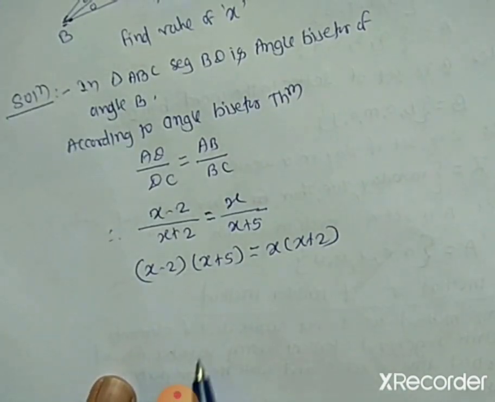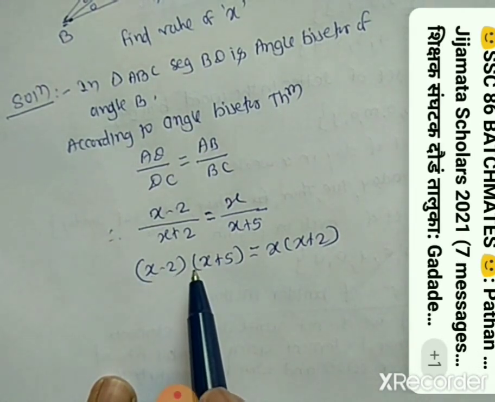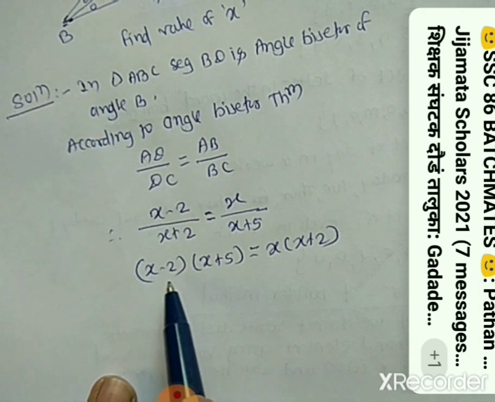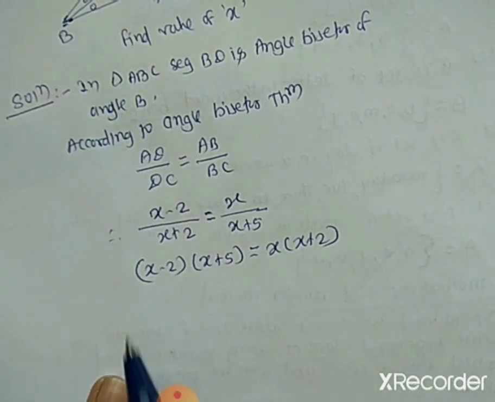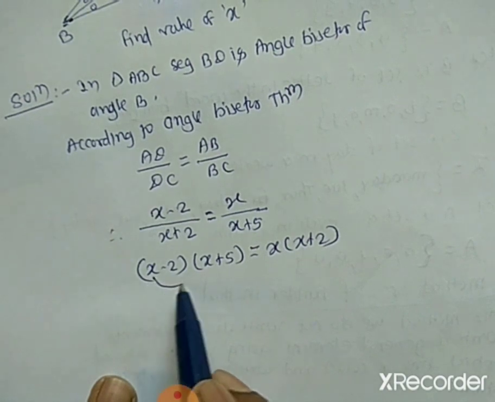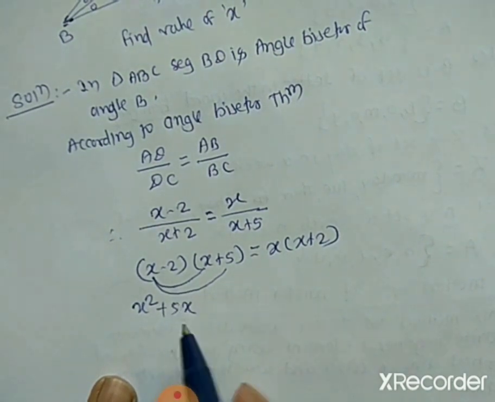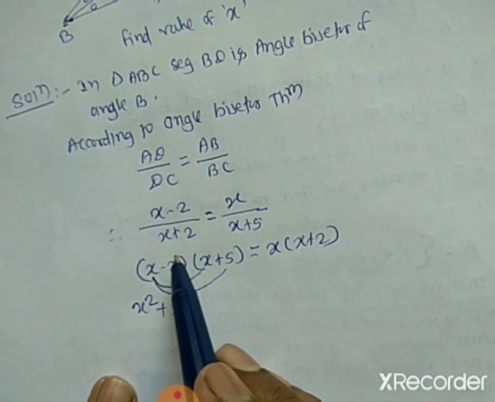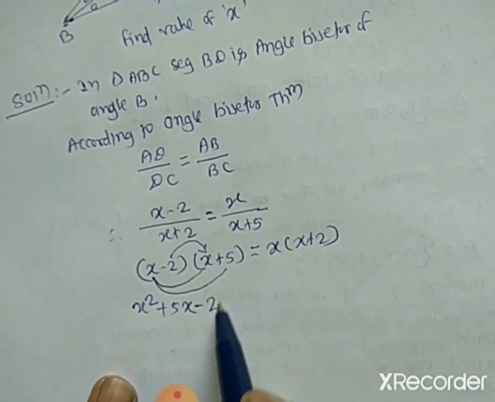Let us take the multiplication of two brackets. Multiply this x by this x, I will get x square. Multiply this x by plus 5, I will get plus 5x. Now x is completed. Minus 2 into x, that is minus 2x.